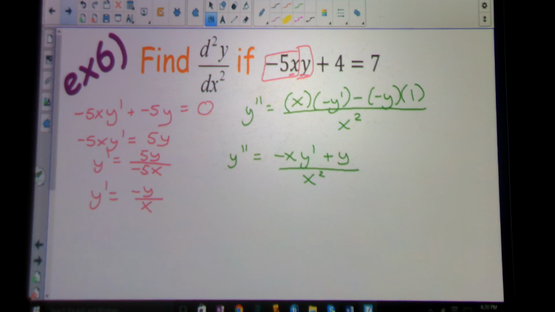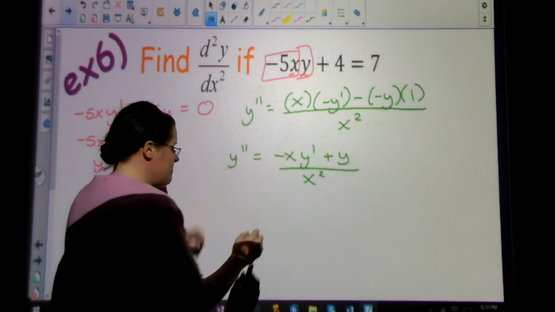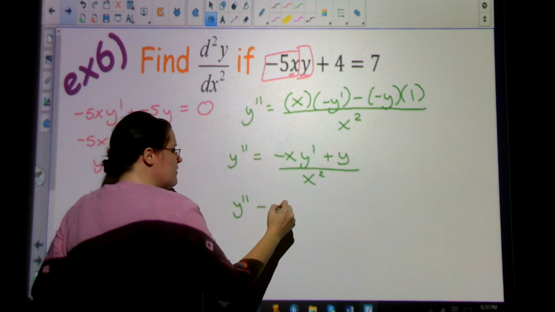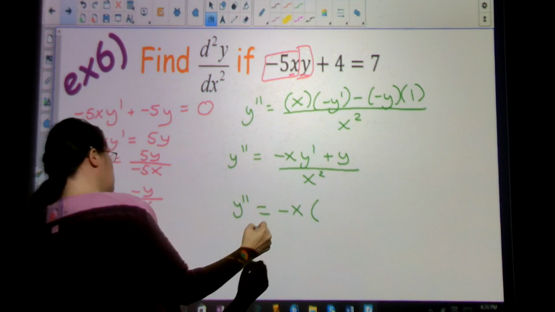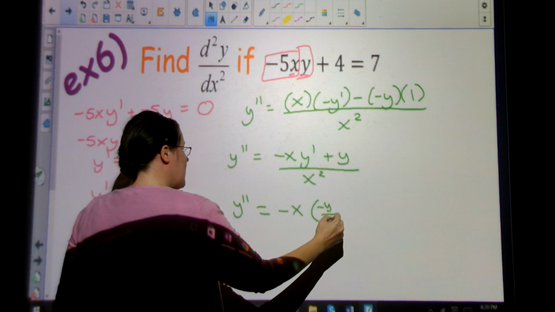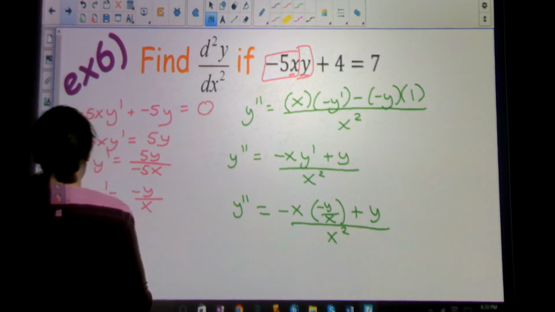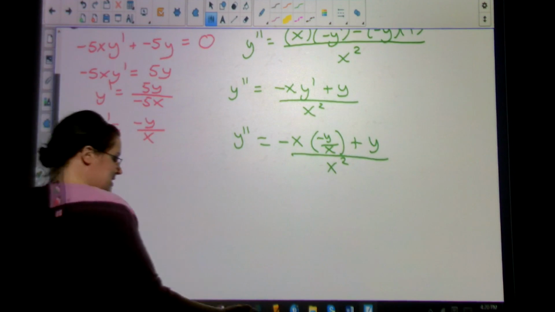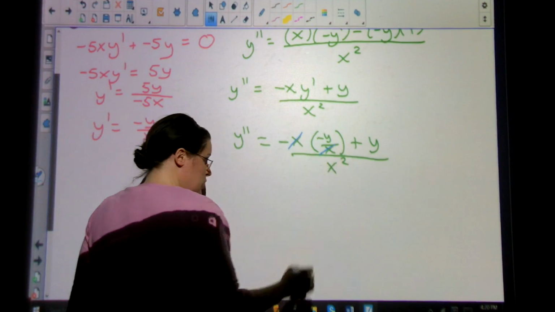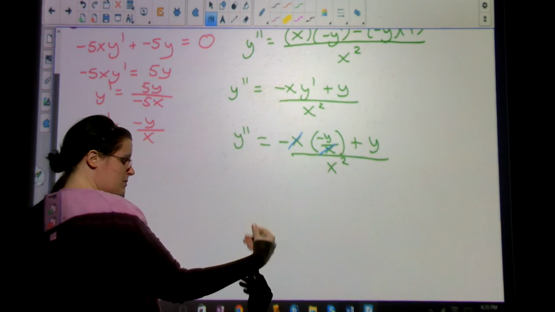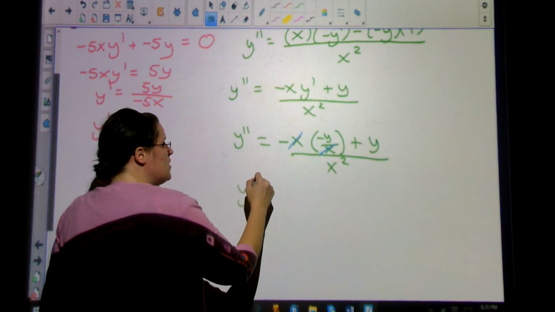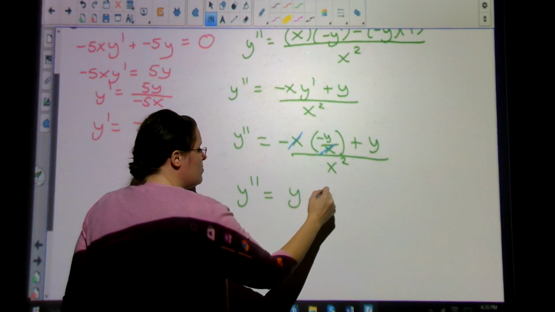Okay, got my second derivative, but I have to get rid of that y prime, so plug in your y prime here. So I have negative x, negative y over x, plus y. Ooh, this one's nice. This is nice because these x's reduce. There's no need for multiplying by something weird. So I just get a positive y plus y.